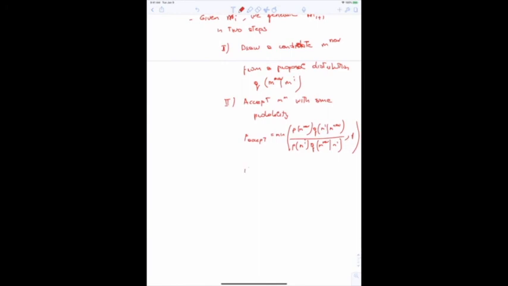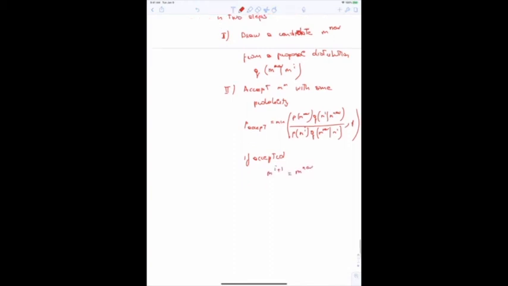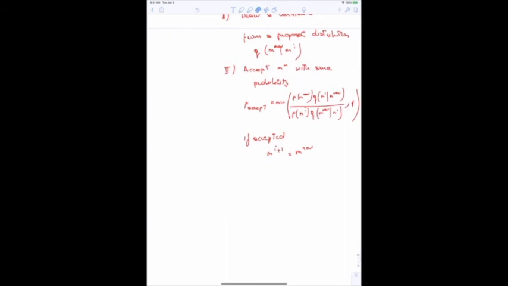So if accepted, then Mi plus 1 is equal to M nu. If rejected, we keep the same model as before. So Mi plus 1 is equal to Mi.